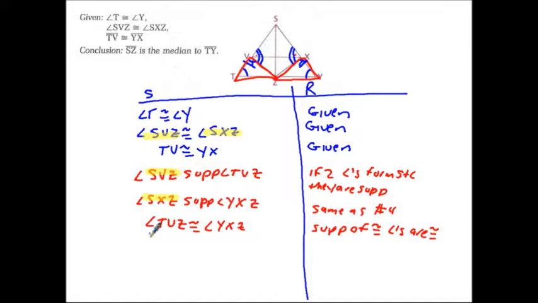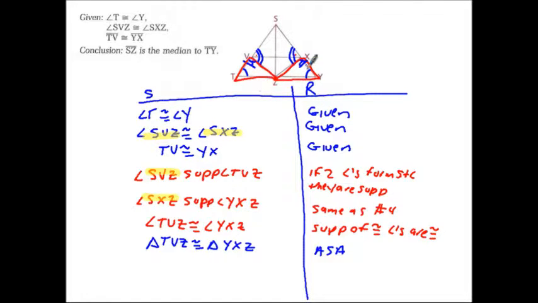Let's go ahead and say that. Triangle TVZ is congruent to triangle YXZ. Angle, side, angle. Now, we're trying to prove that we have a median here. We know medians, the effect of a median is congruent segments.